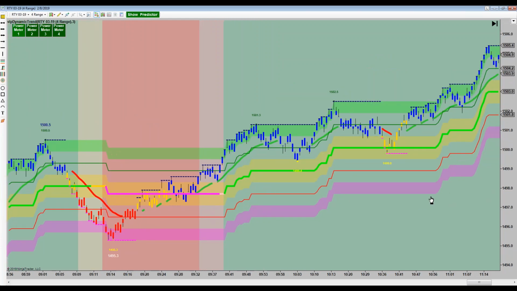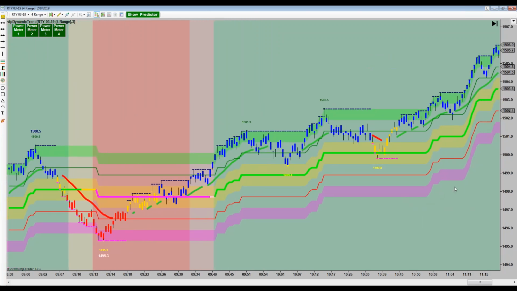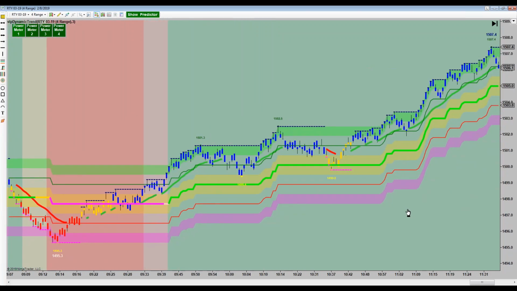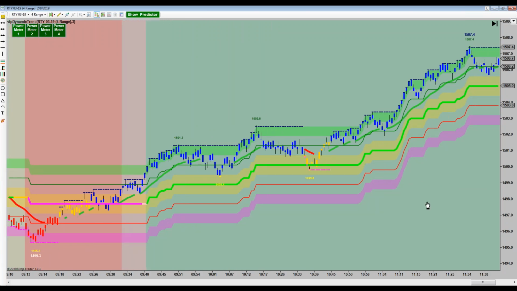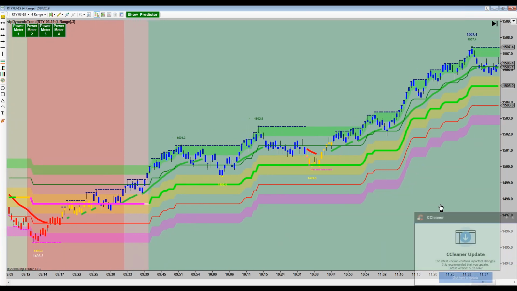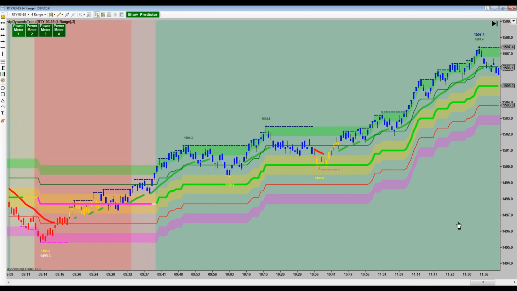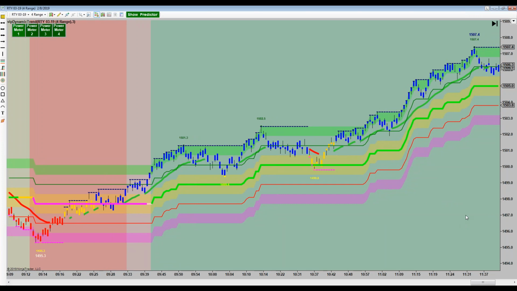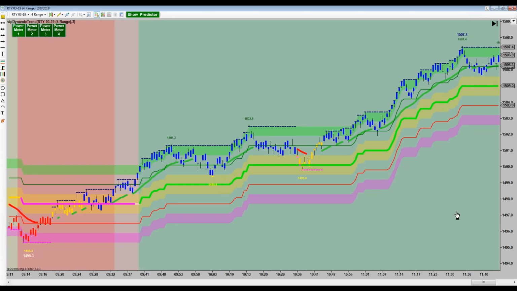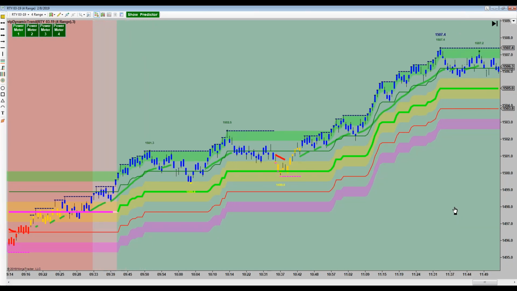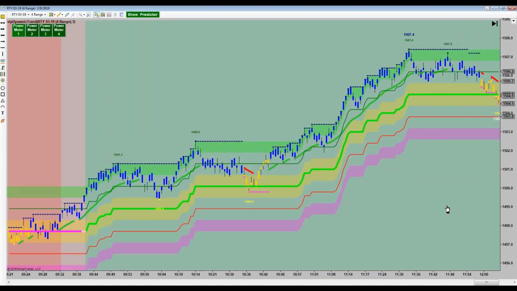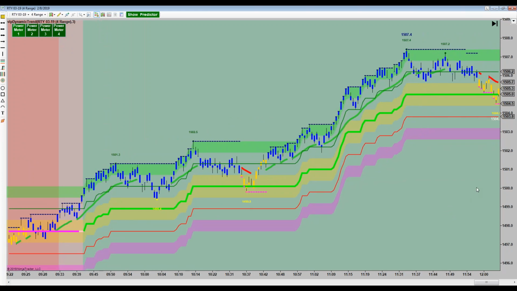Now we're right at 11 o'clock. 11:30. 11:39. Get out of here, CCleaner. I know, I'll do that later. 10:37. Right? 10:40. 11:51. And there we're right at noon.